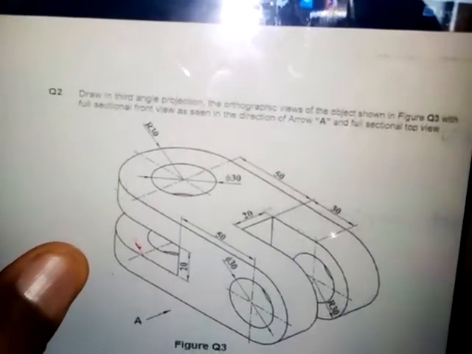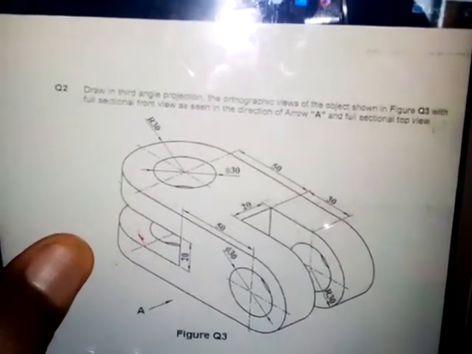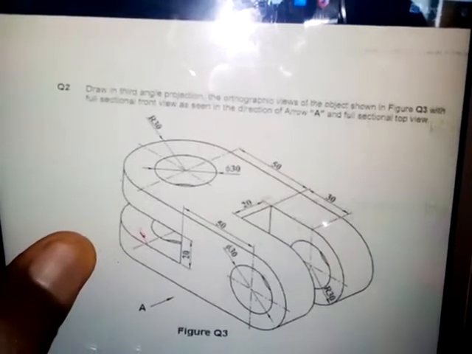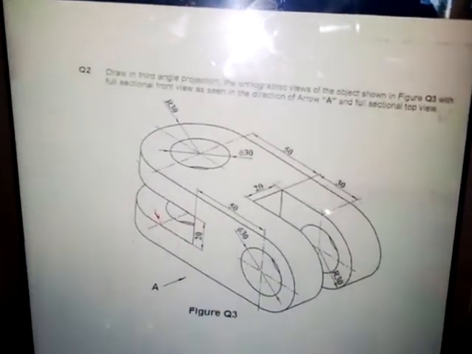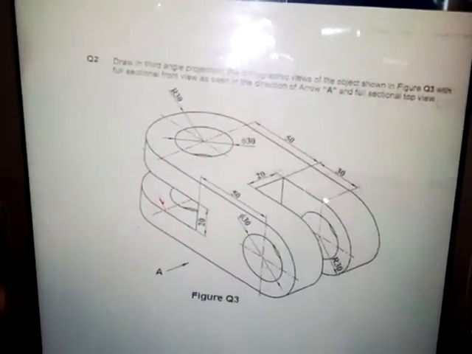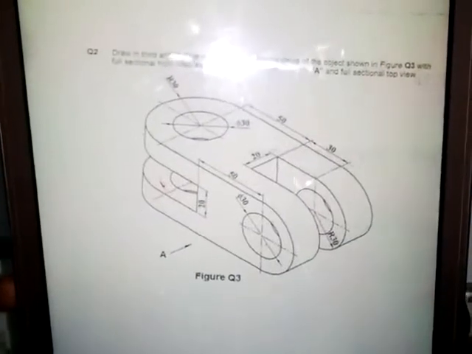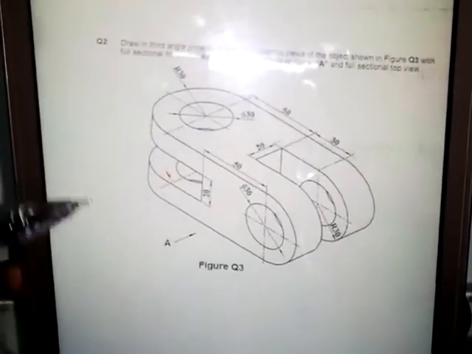So I just want to work on the sectional front view and sectional top view alone. The other ones I may do later, but right now I want to work on the sectional views.